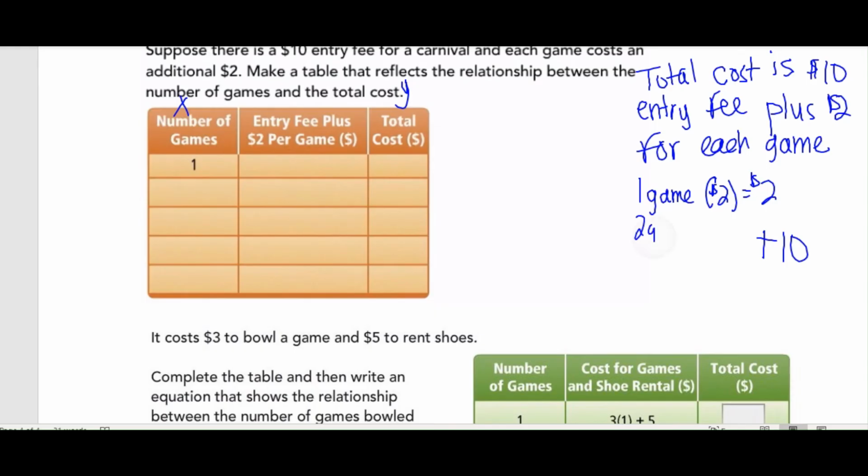If you play 2 games, you're going to spend $4. If you play 3 games, you're going to spend $6. So I can say the number of games times 2 is going to be how much money you spend only on the games. And that's only on the games.